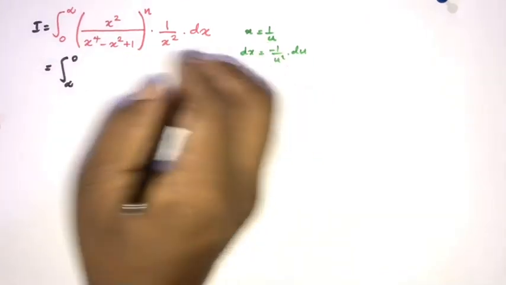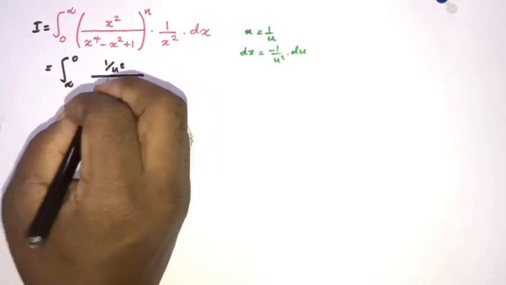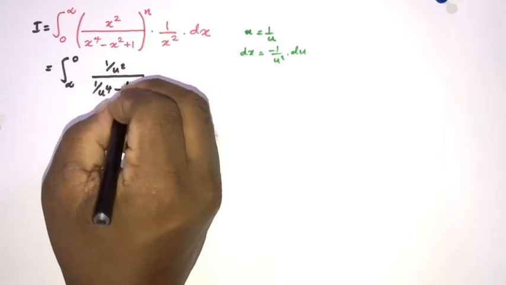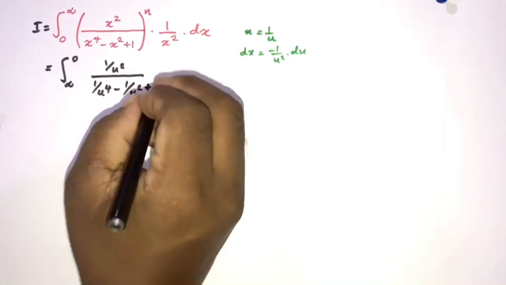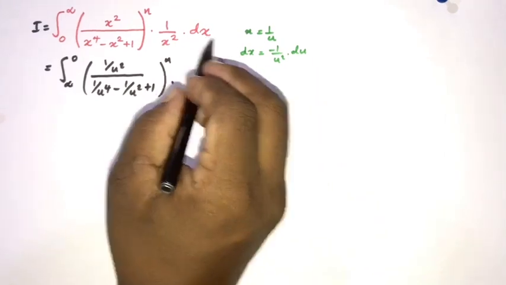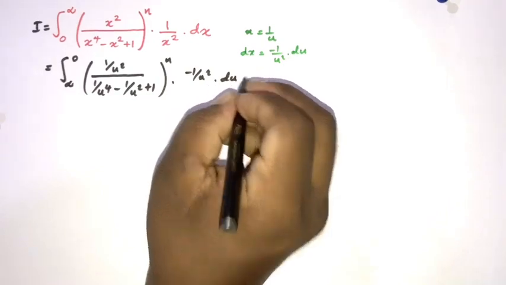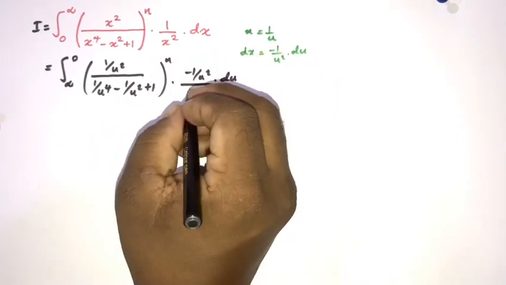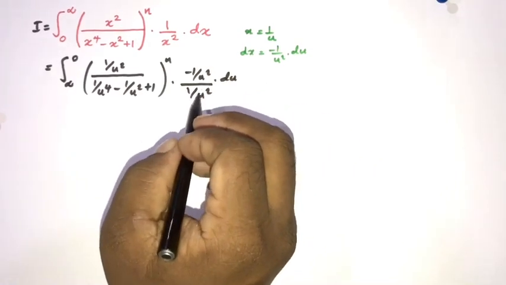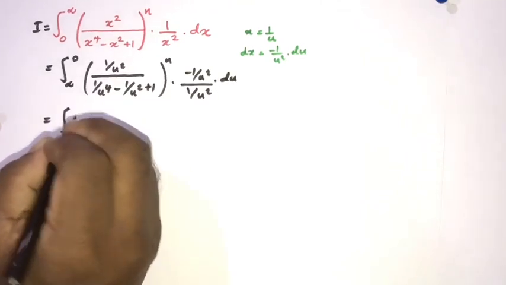Now x squared is 1 over u squared, so 1 over u squared over (1 over u to the fourth power minus 1 over u squared plus 1) raised to the n power, times dx, which is minus 1 over u squared du, and here x squared is 1 over u squared. So the 1 over u squared cancels, and we can change this boundary to 0 to infinity.